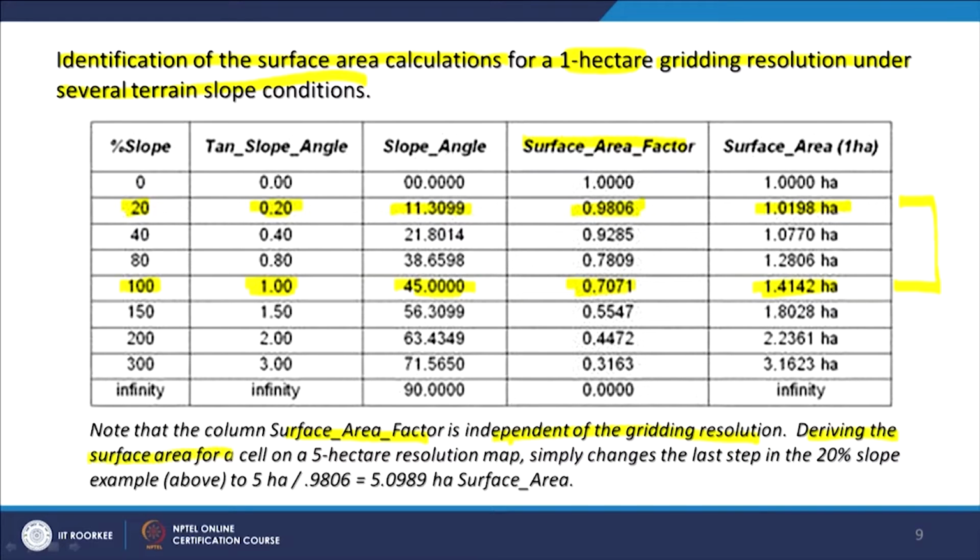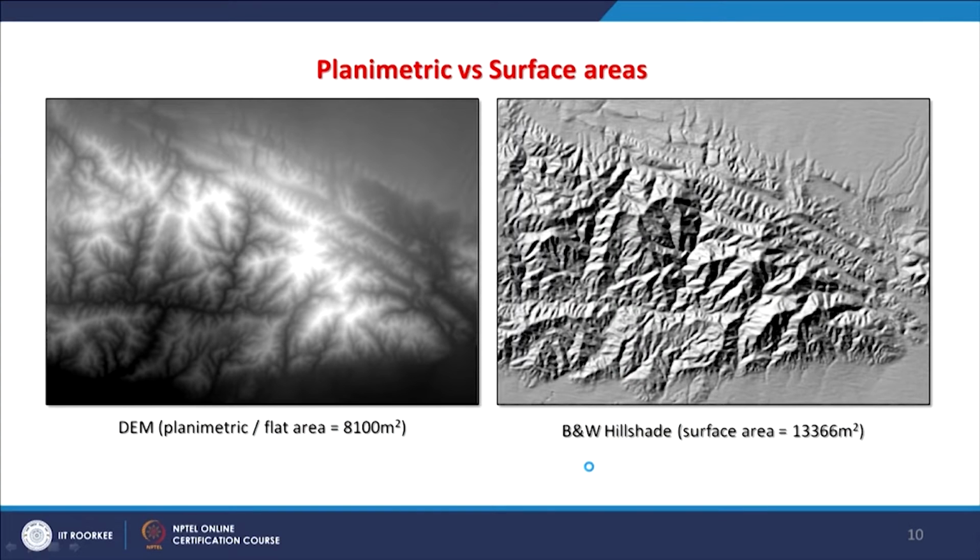Deriving the surface area of a cell on a 5 hectare resolution map simply changes the last step of the 20% example above to 5 hectare, and you get the area. If I show the real examples, on the left side you are seeing a simple digital elevation model, and when we use it for calculations of surface area, this comes to around 8100 square meter.